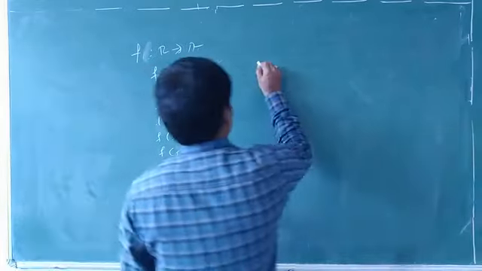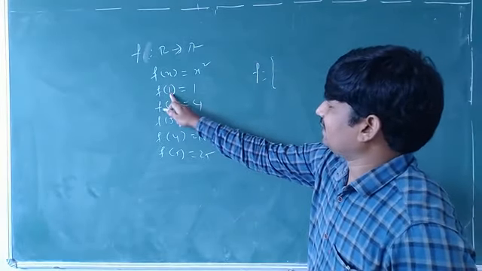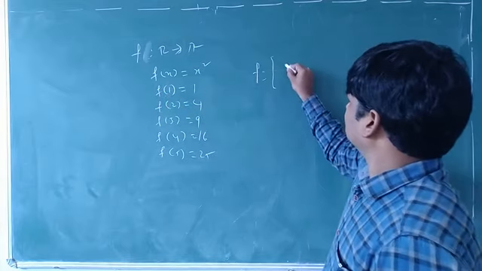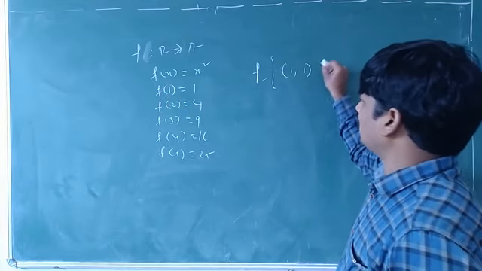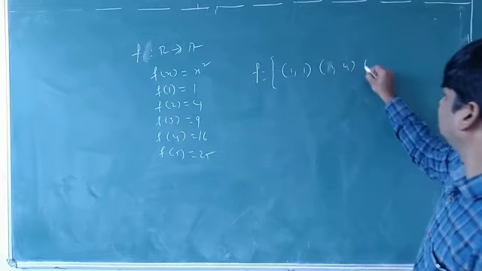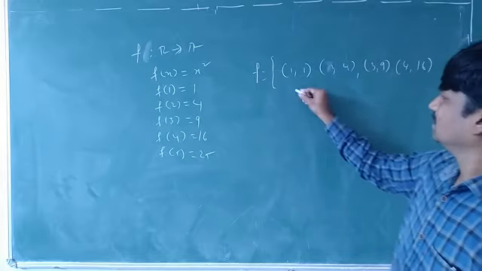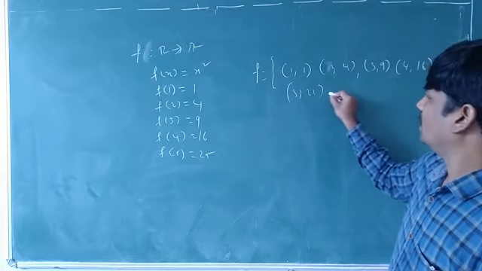That means how will you write the f function here? 1 comma 1. Next 2 comma 4. Next 3 comma 9. Next 4 comma 16. Next 5 comma 25 and so on.